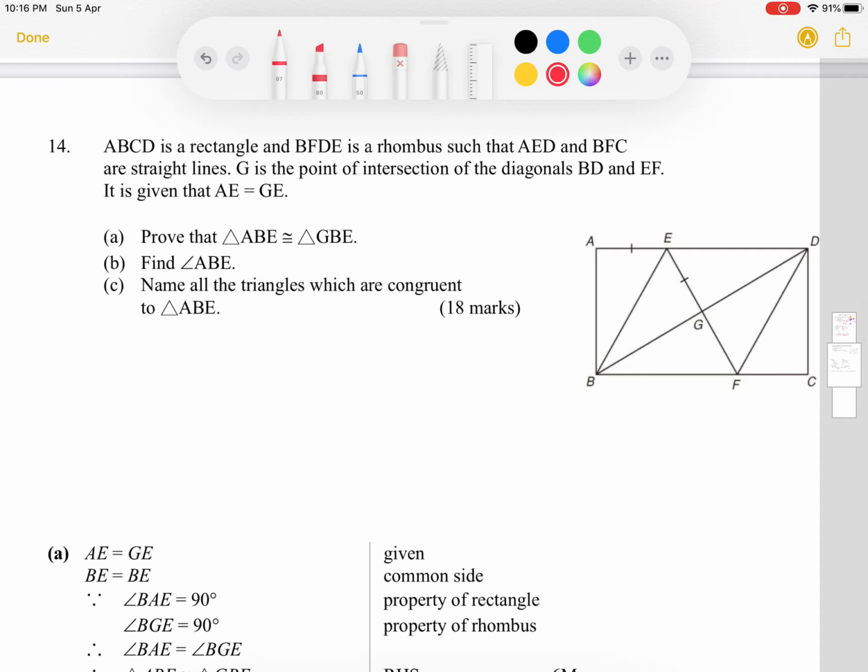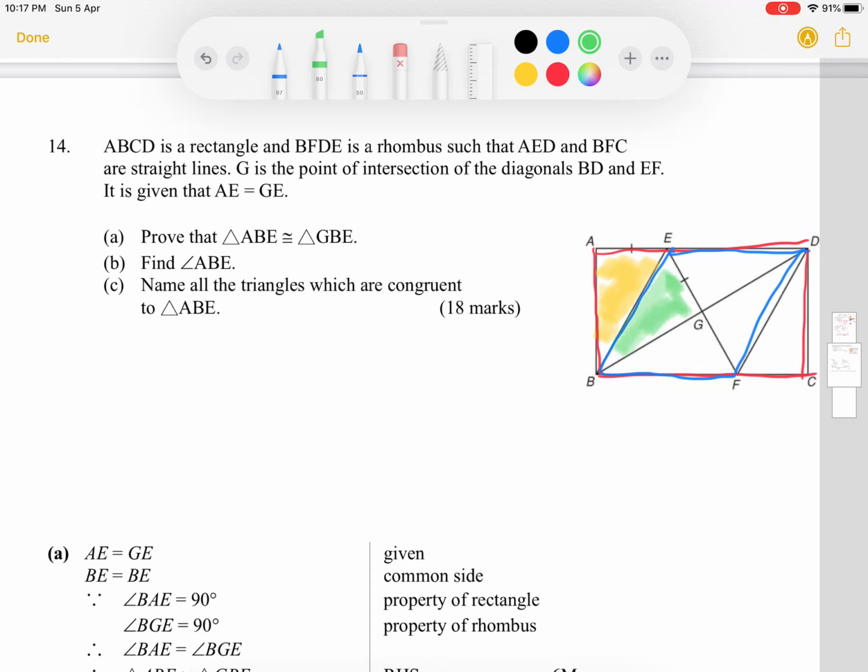This question first asks you to prove these two are congruent. Look at the words: ABCD is a rectangle, and BFDE is a rhombus. Now you're going to show that these two triangles are congruent, this one and this one.